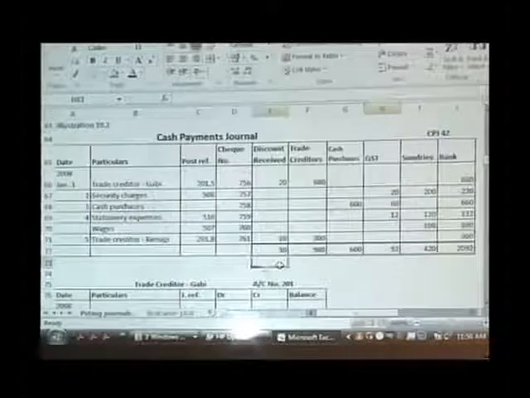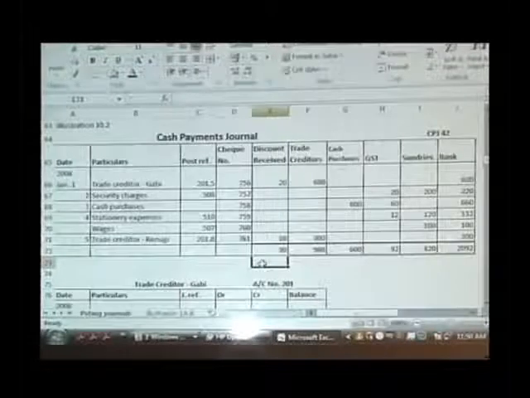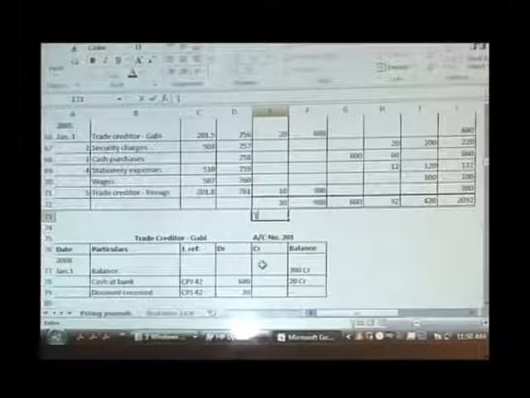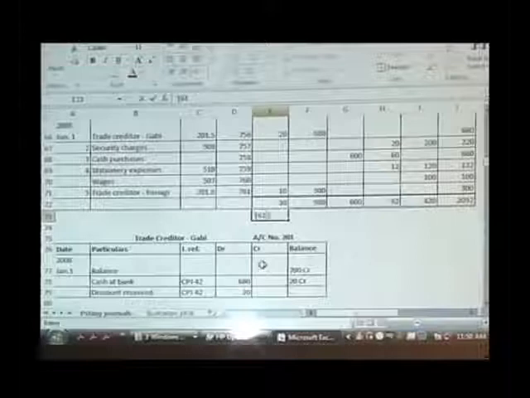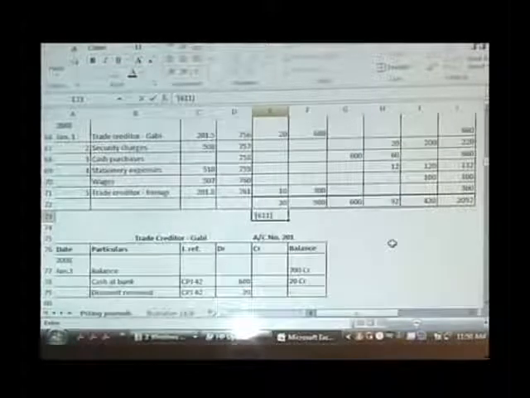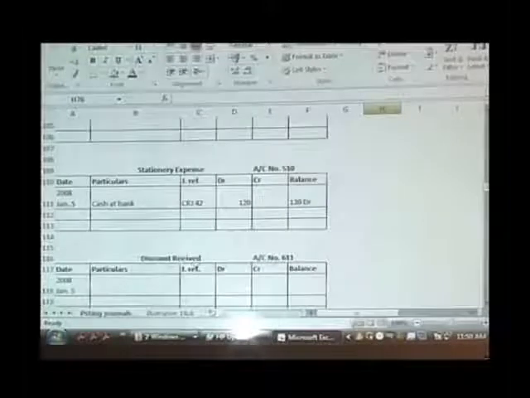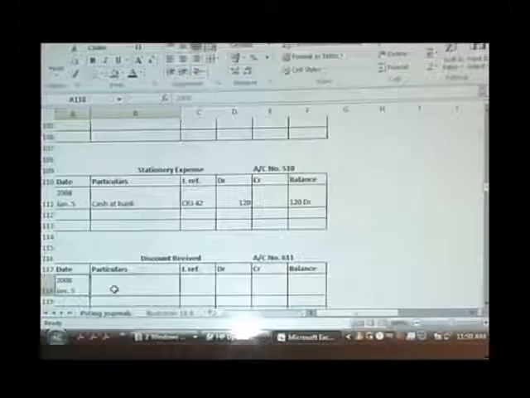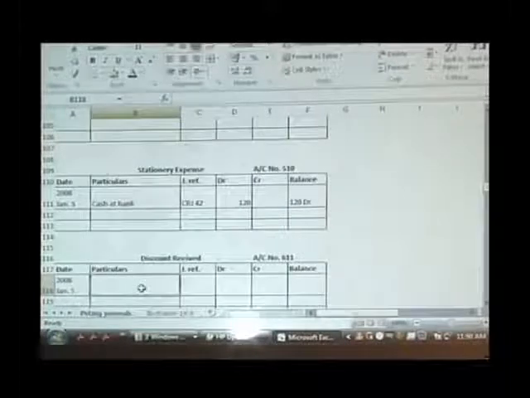Then posting totals. Discount received, account number 611. The account number is here. Last day of the journal, that is the posting date.